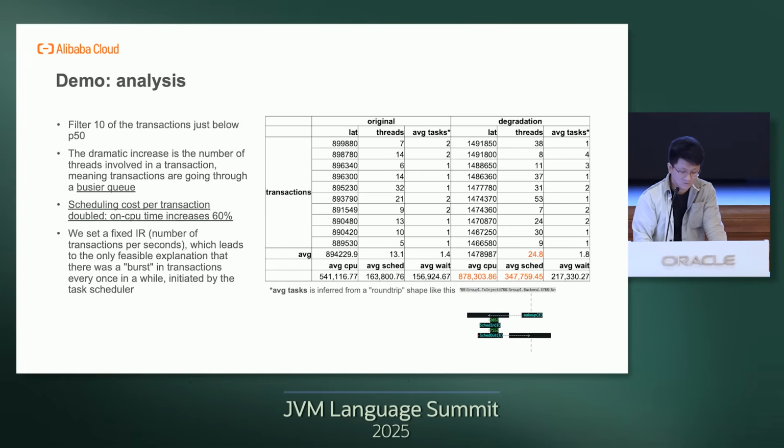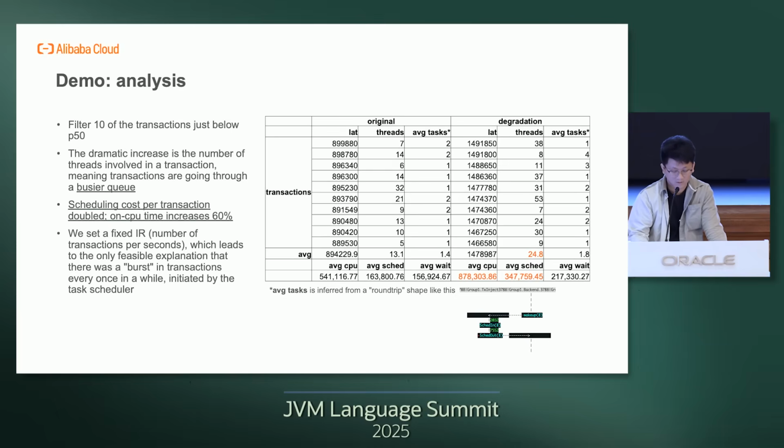And then we can look at how many threads are in the way of a transaction. On average, the original run takes 13 threads. And on average, the degradation run takes almost double the number of threads.